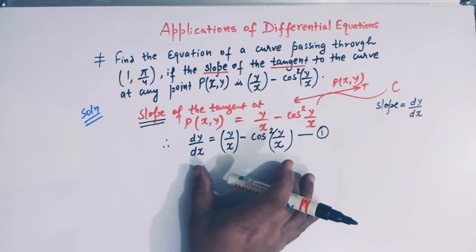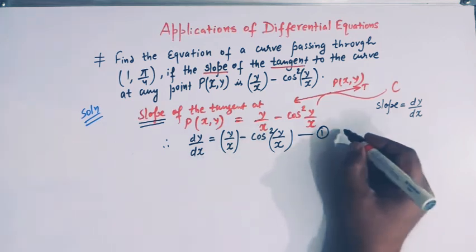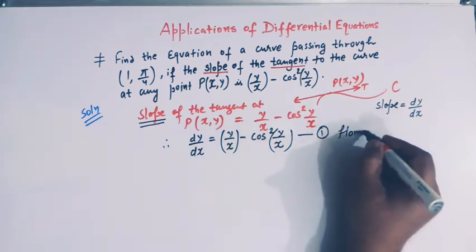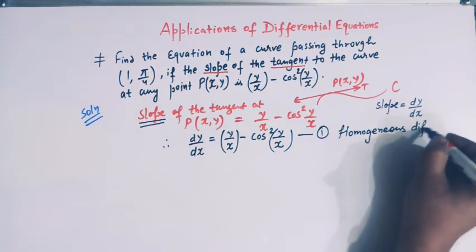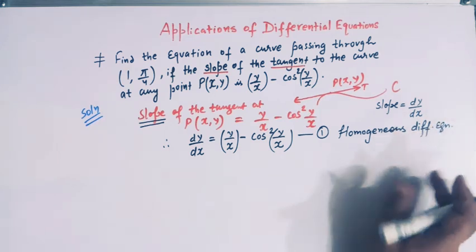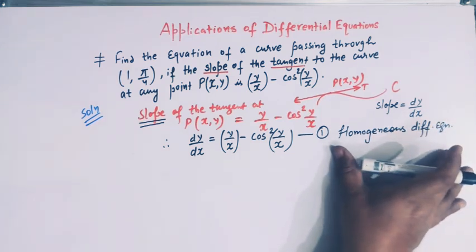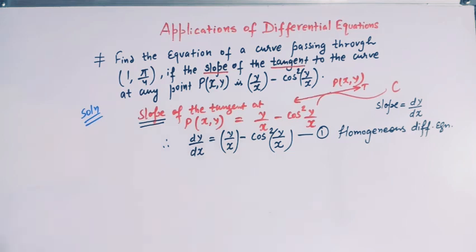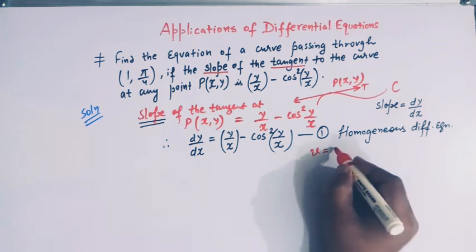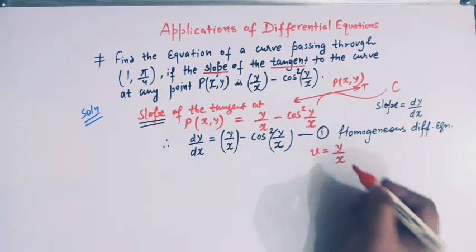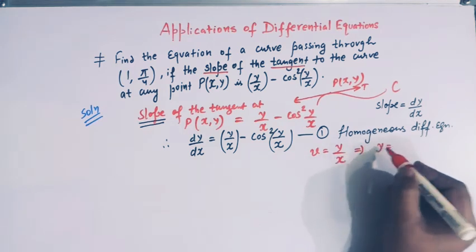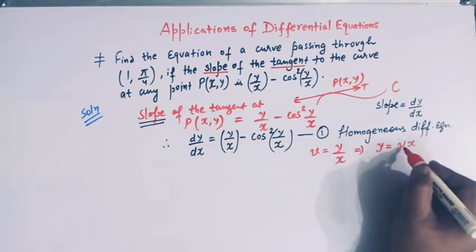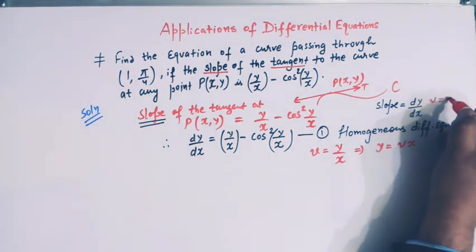Now we see that this is a homogeneous differential equation, and this homogeneous differential equation can be solved by substituting v = y/x. Or in other words, we can write y = vx, where v is a function of x.